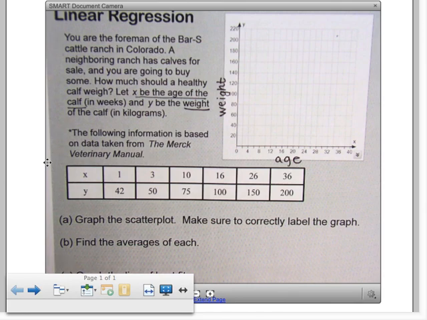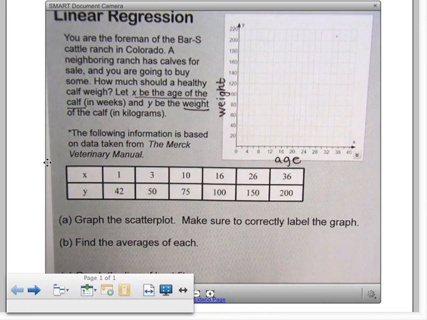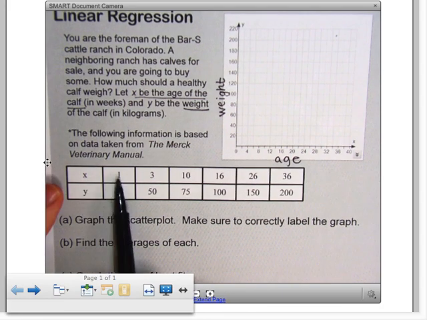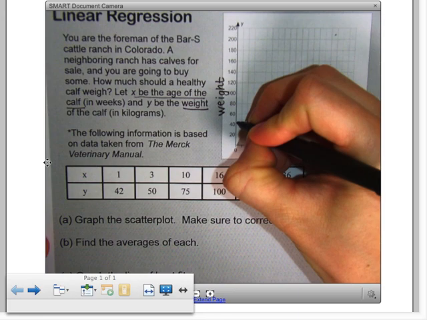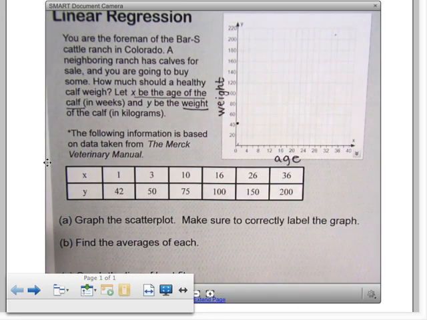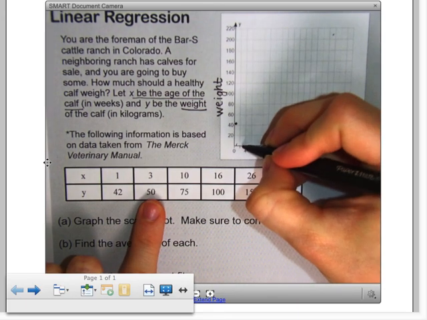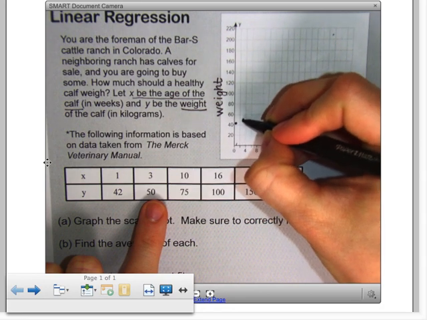Okay, so again, the first thing we're going to do is graph the scatter plot. So we already labeled the graph. Okay, so our first x value is 1, the y value is 42. Next x value is 3, the y value is 50.